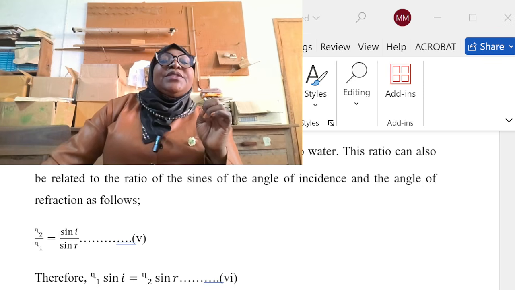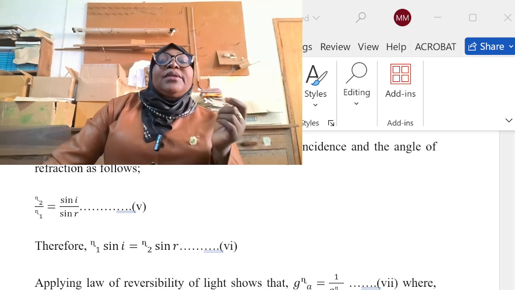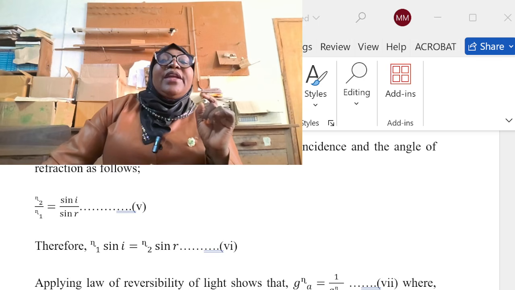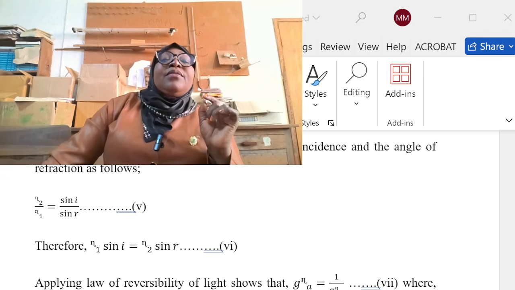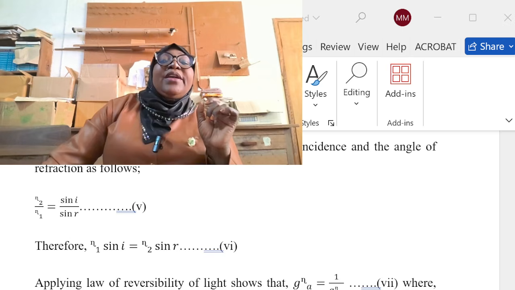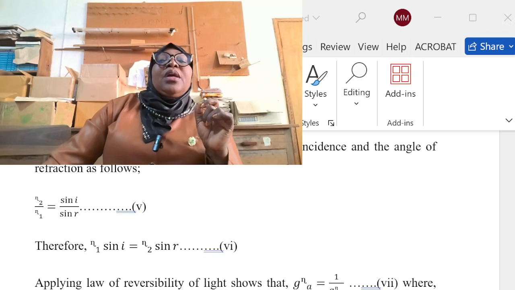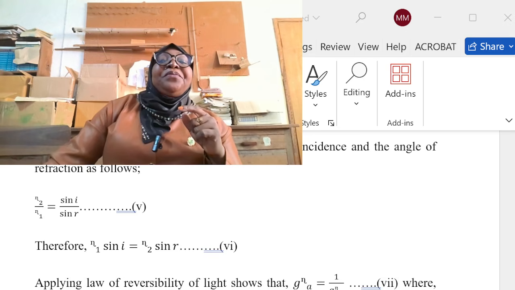On rearrangement, n1 sin i is equal to n2 sin r. n1 means the refractive index of the first medium, sin i is the sine of the angle of incidence, while n2 is the refractive index of medium 2, and sin r is the sine of the angle of refraction.